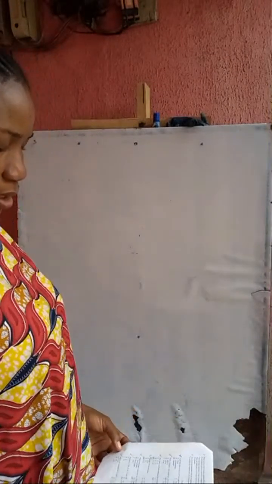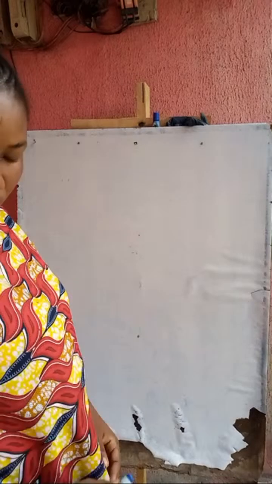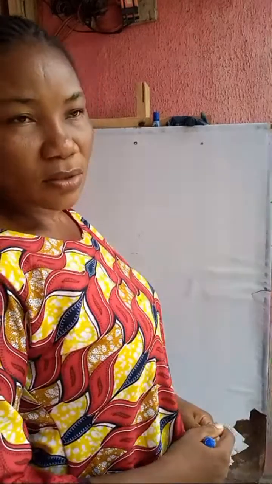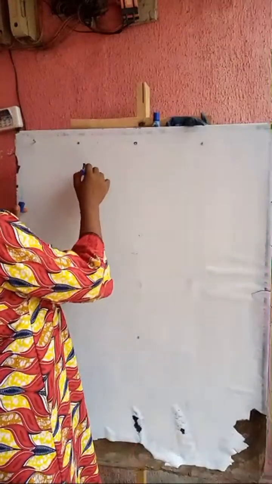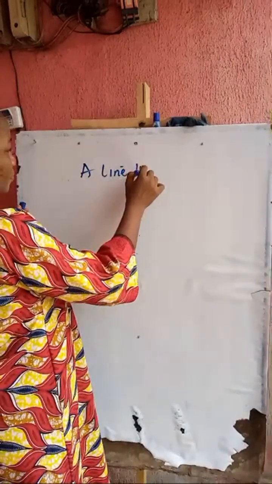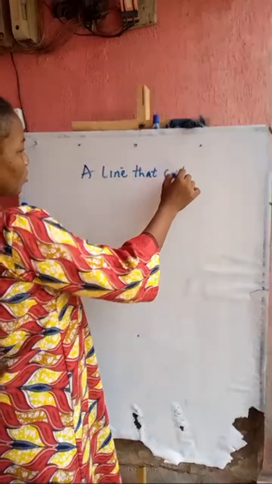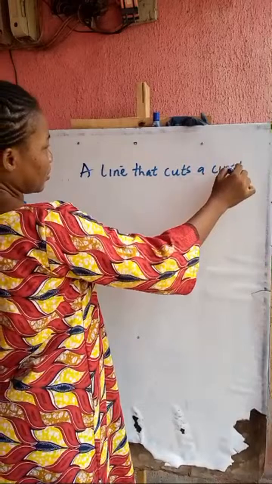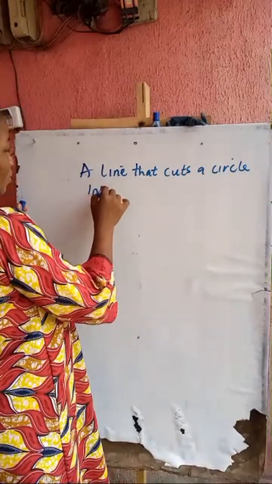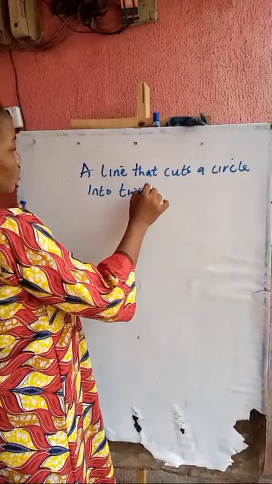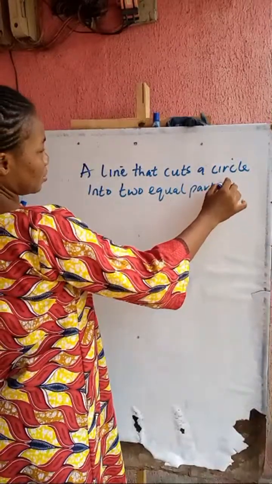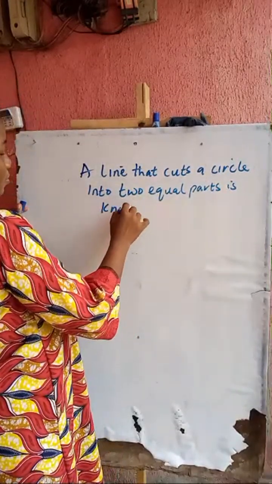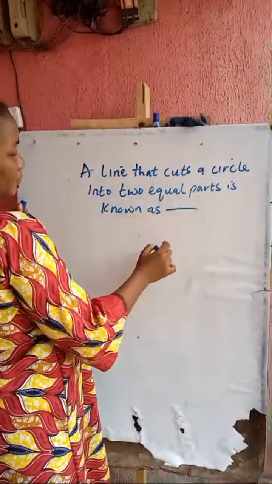So let's look at our first question, which is: a line that cuts a circle into two equal parts is called a dash.